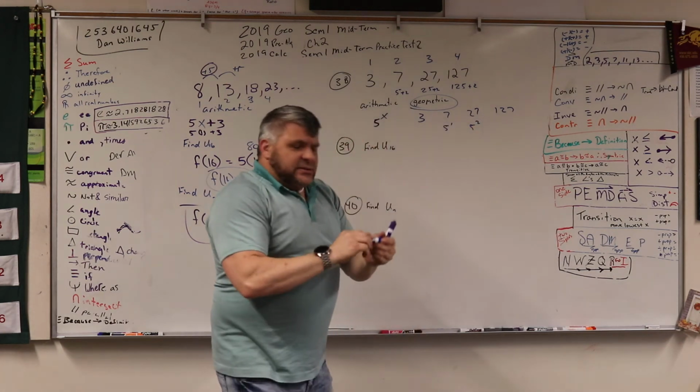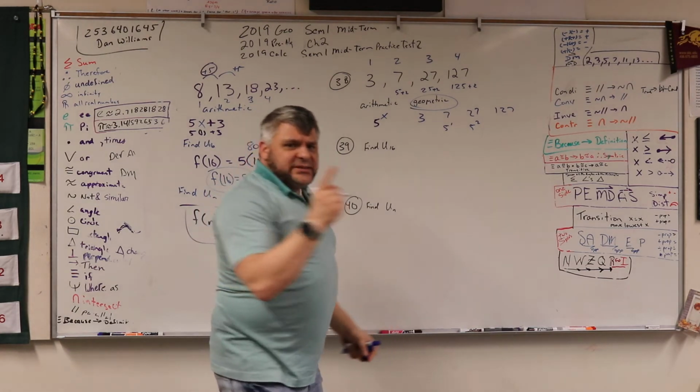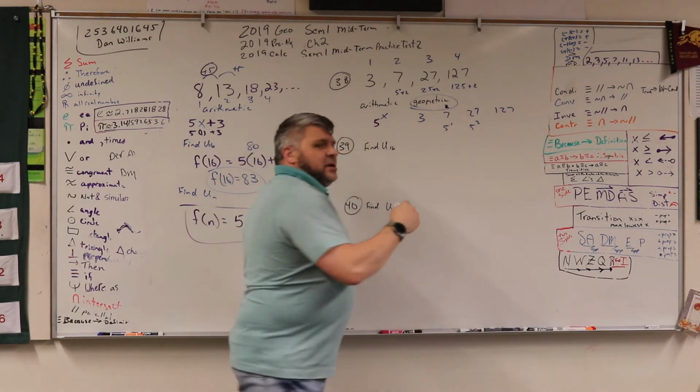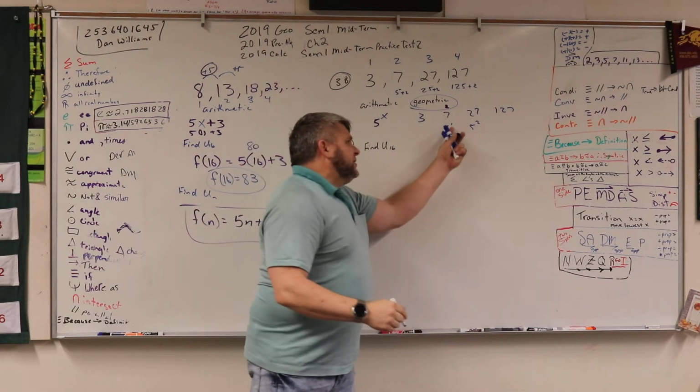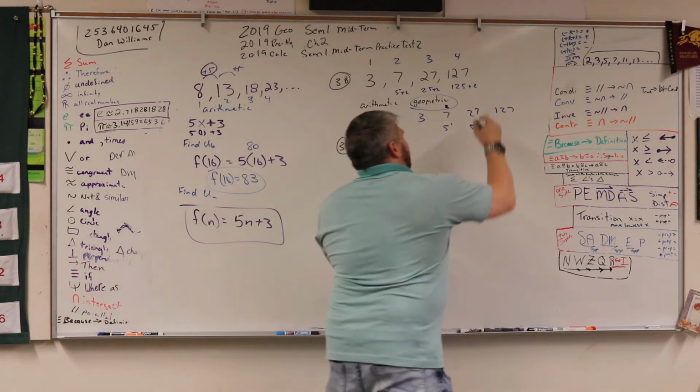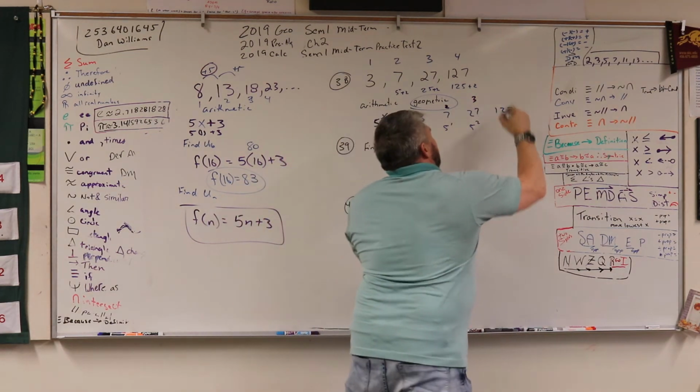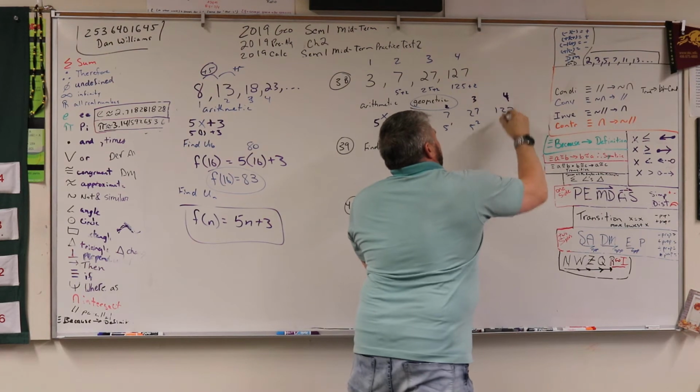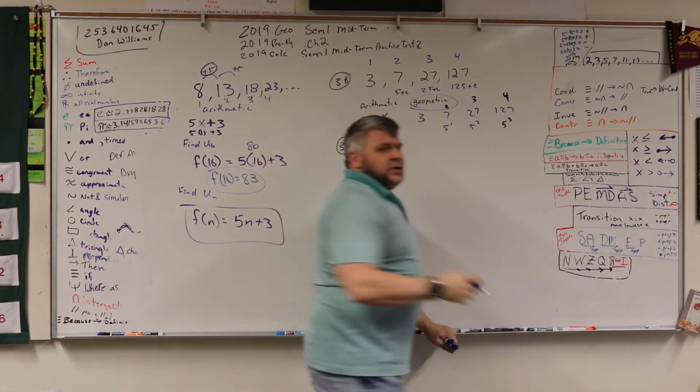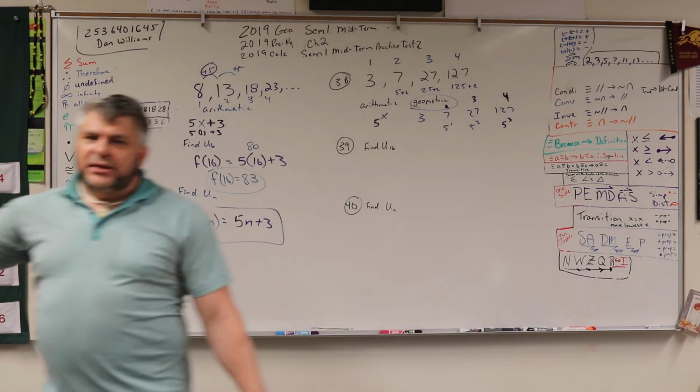But this isn't the first term, is it? This is the second term. So how do I go from the second term to the first term? How do I go from the third term to the second term? How do I go from the fourth term to the third term? Does anyone see a pattern happening there?